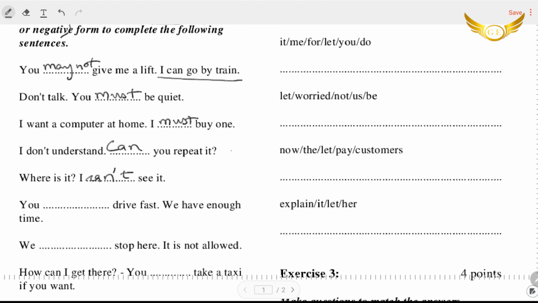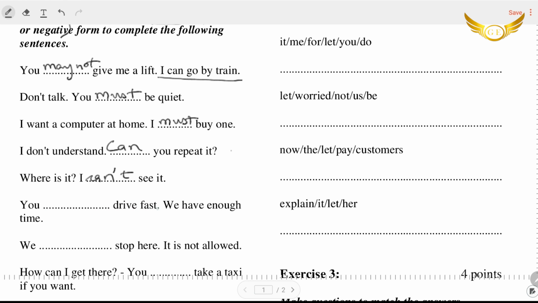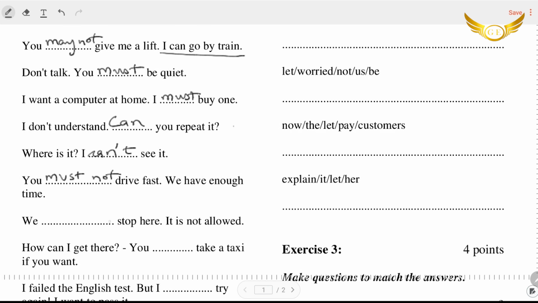The next one is, you dash drive fast. We have enough time. So this means you must not drive fast. We dash stop here. It is not allowed. We cannot stop here or we can't stop here.